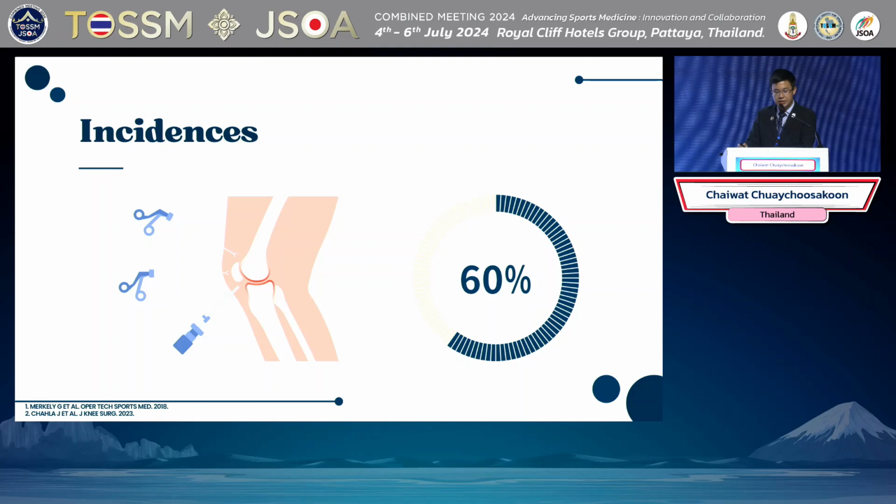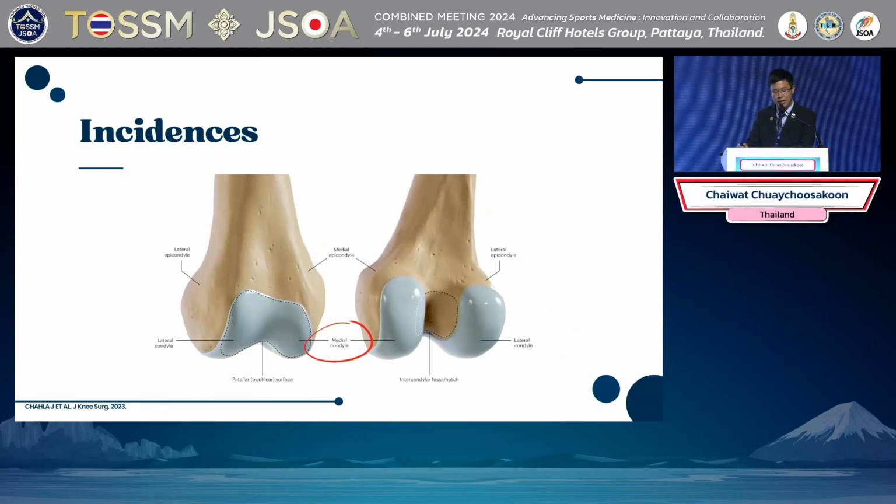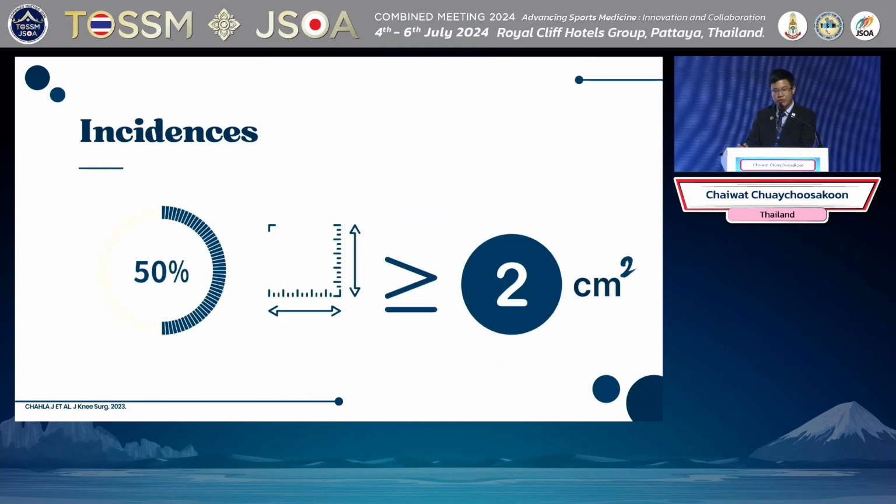Regarding incidence, arthroscopic findings show the incidence of subchondral bone injury or osteochondral injury is approximately 60%, and the most common area is the medial femoral condyle. In more than 50% of injuries, the size is more than 2 square centimeters.